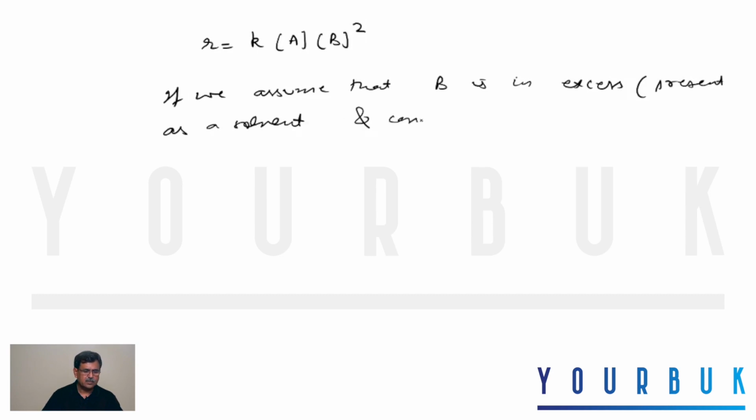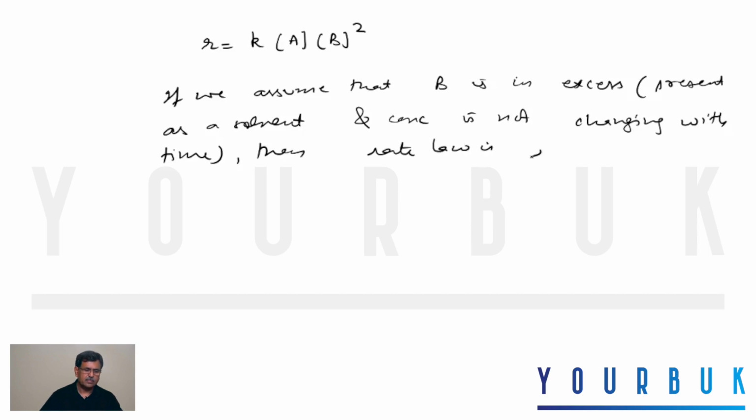As a result, B should not appear in the rate equation. Then the rate law is reduced to this: R equals K into A.